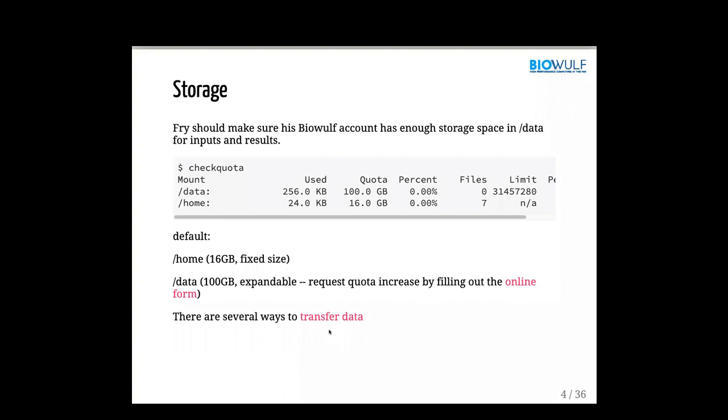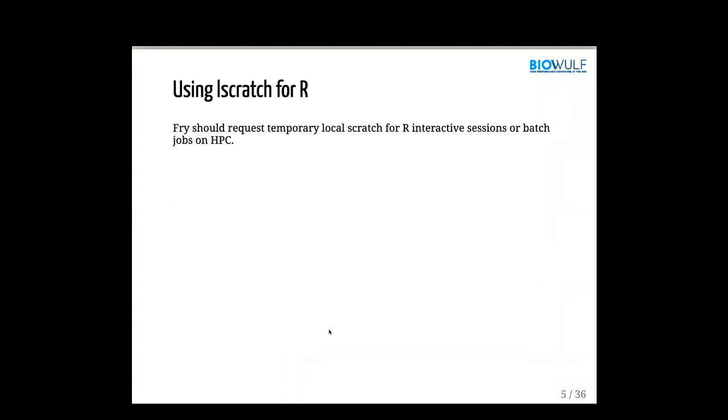Okay, so besides storage, the second thing Fry needs to pay attention to is the local scratch. This might be different from running R on your own laptop. On HPC, you can use the local scratch, which will be allocated uniquely to your own job and cleaned up afterward.